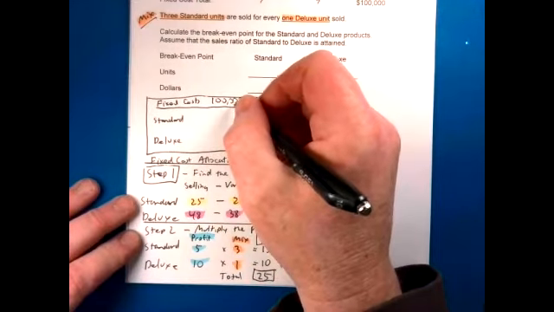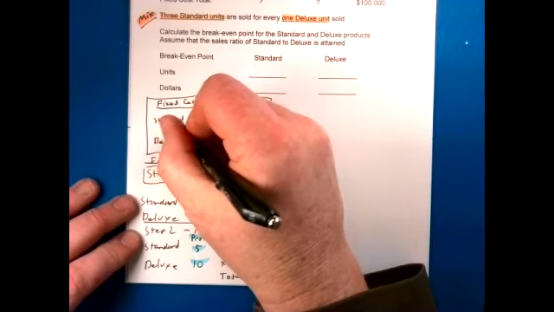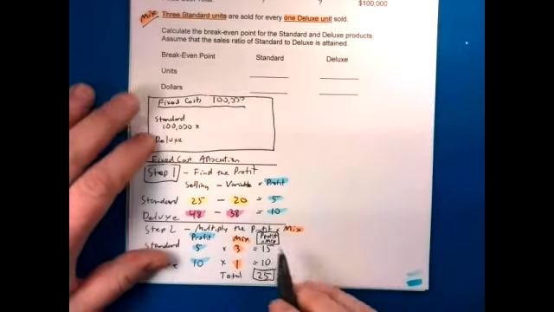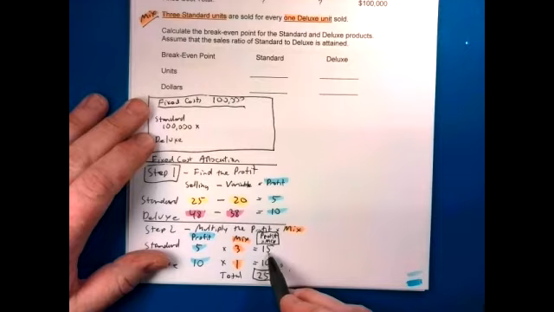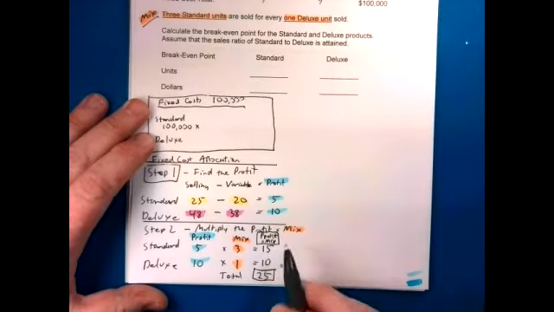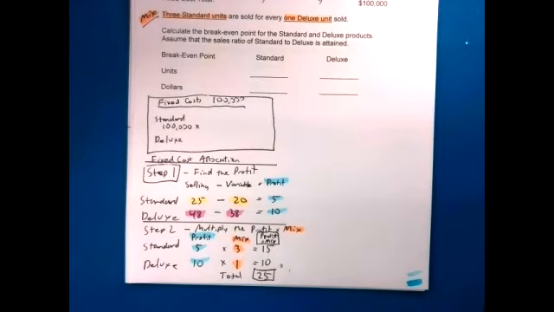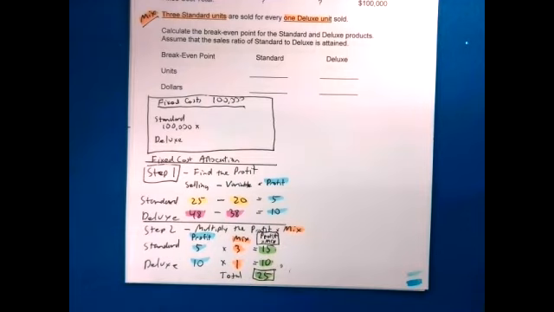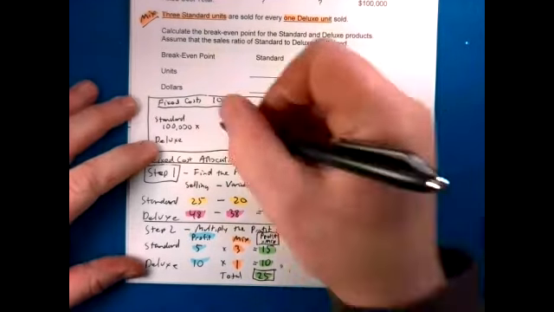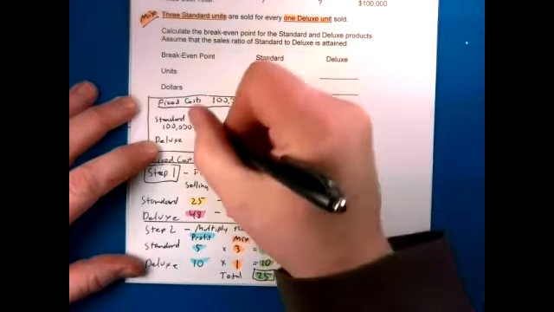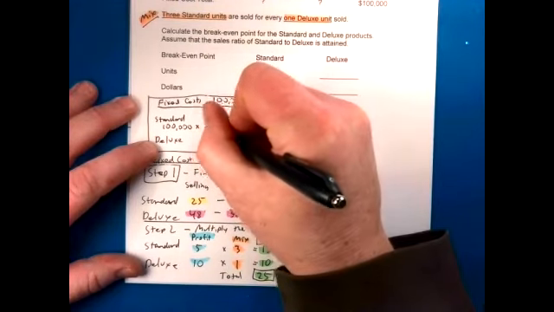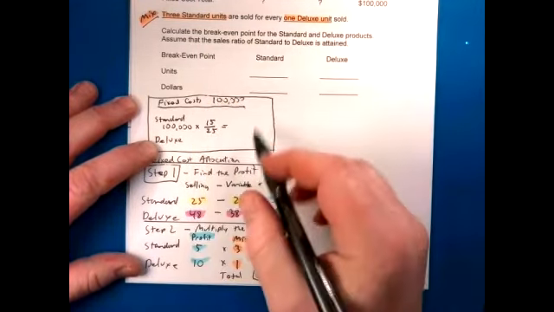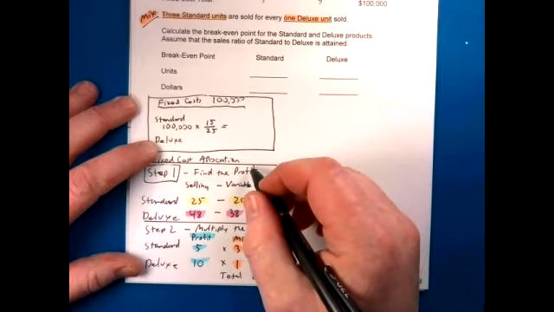Of these fixed costs, the standard is going to get 15 of the 25. That's how much of these fixed costs are going to go to the standard.